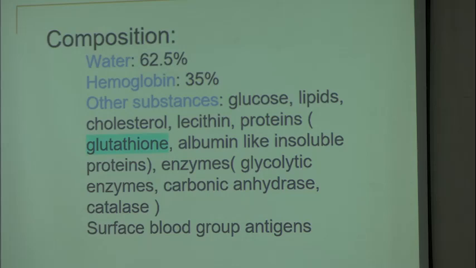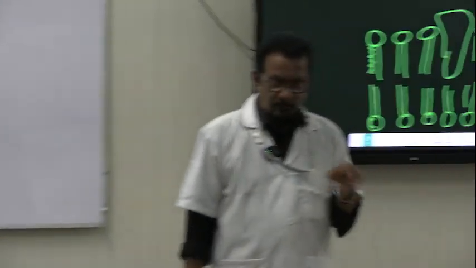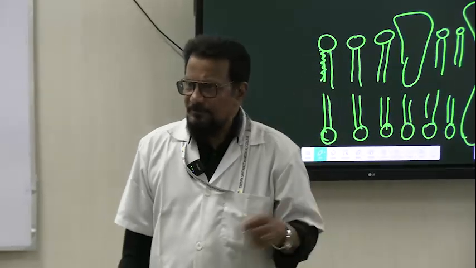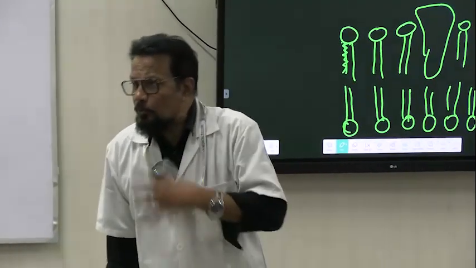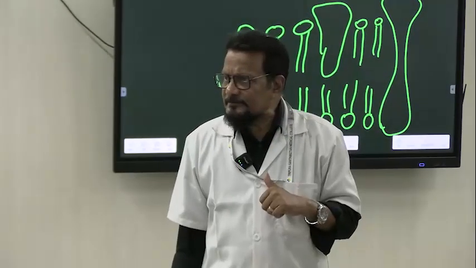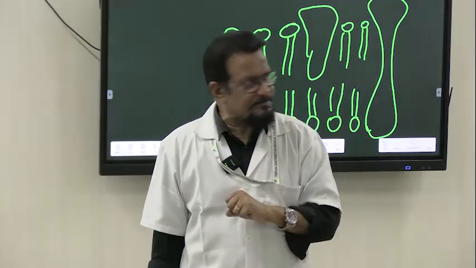RBC is under a lot of oxidative stress. Because of this stress, the cell membrane may be ruptured, the cell may die. Moreover, it is carrying a lot of oxygen. The stress is more. And moreover, for so many reasons we are taking antibiotics, and these antibiotics are also producing stress.